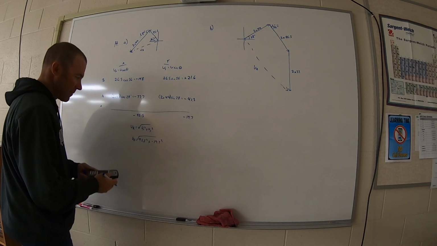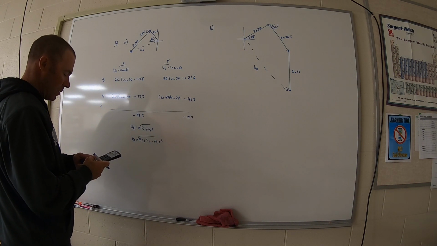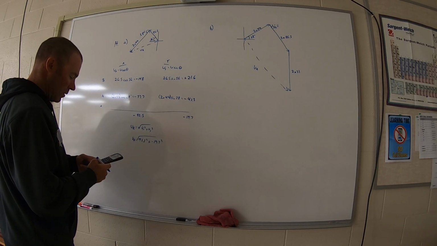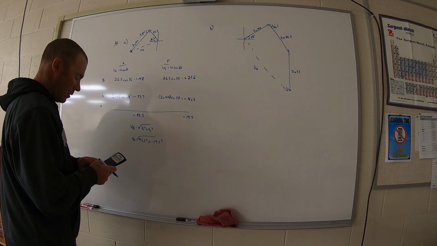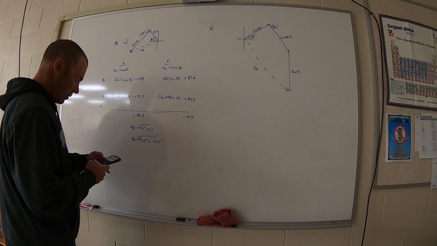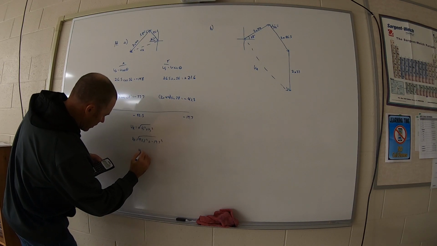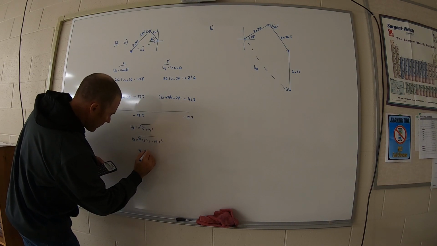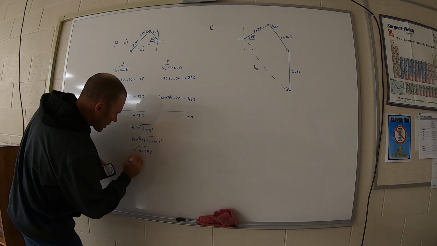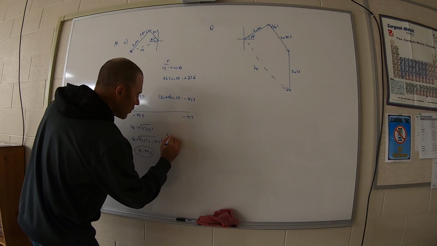Find the square root of that. And you get VR is equal to 94.6. And then we can find the angle.